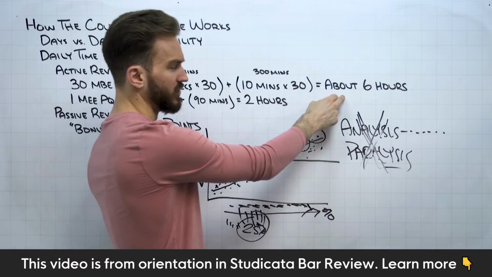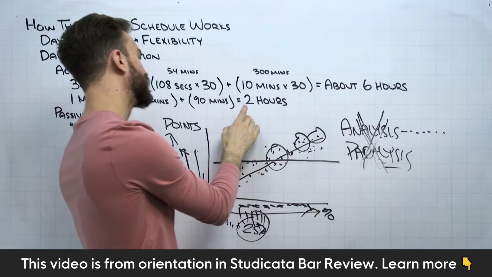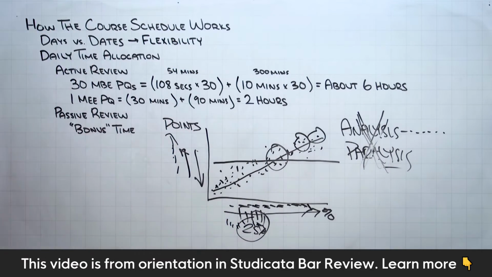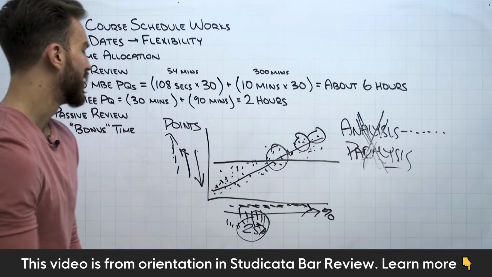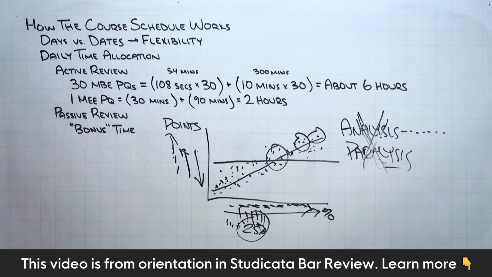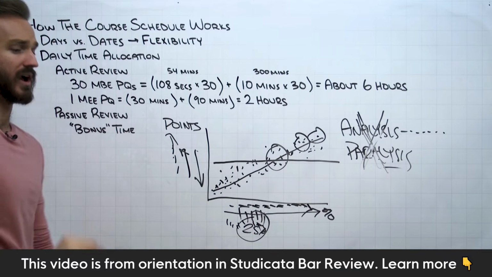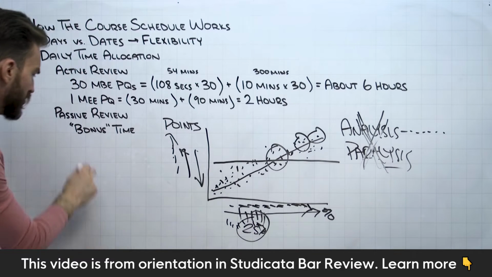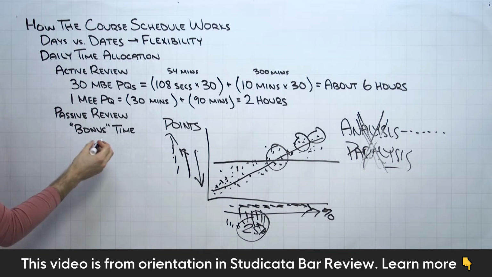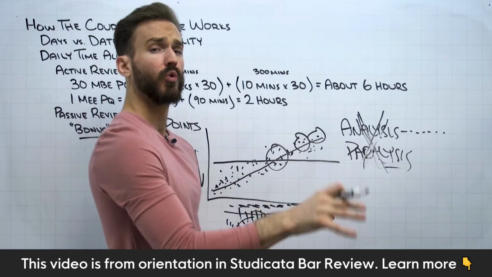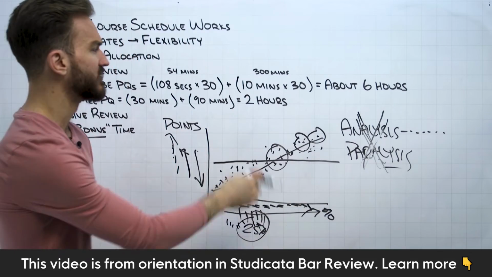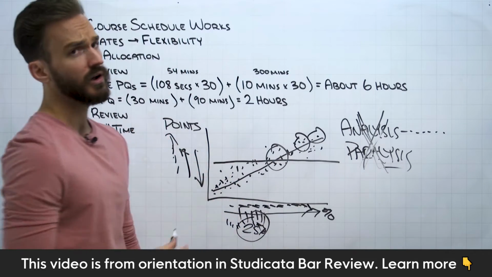If you finish this early, say you finish this in 4 hours and you get the essay done in 2 hours, well, now you can use all that extra time, 6 hours, on passive review bonus time, right? Going over the outlines, watching lectures. But the beauty is, the key word on the passive review is it's bonus time. It's not required. It's there for that extra time you have. Because we know a lot of times you're going to get through this stuff a little bit quicker, right?